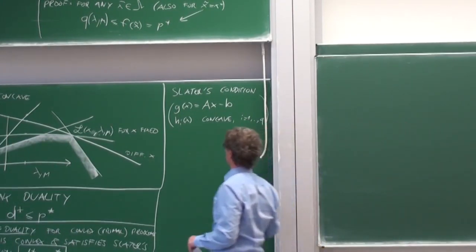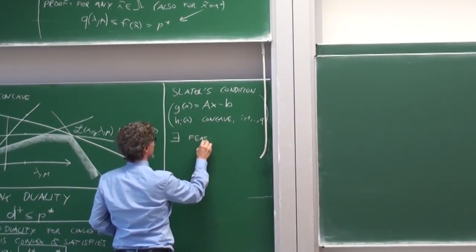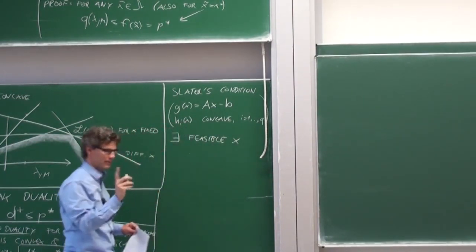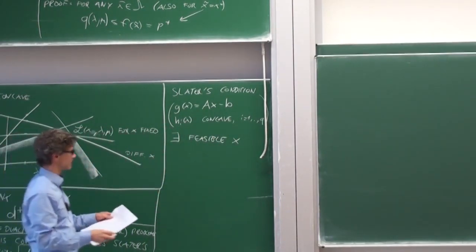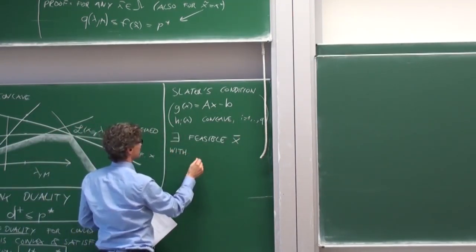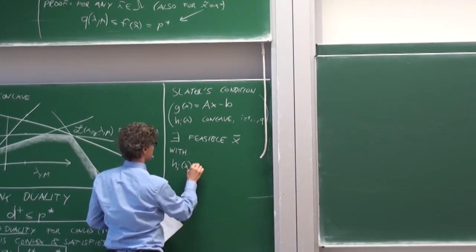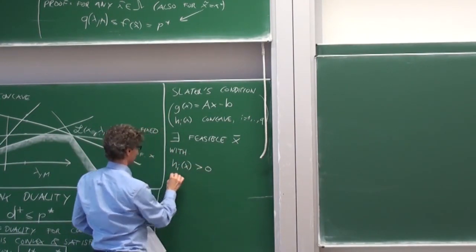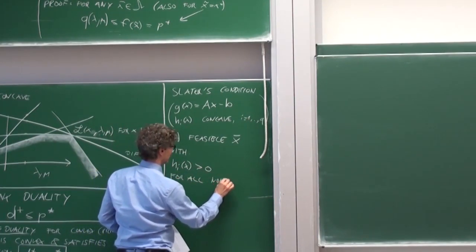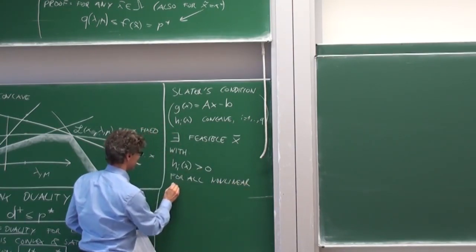Slater's condition says there exists a feasible x. But not only should it be feasible, maybe I call it x bar, with h_i of x bar strictly bigger than 0 for all nonlinear inequalities.